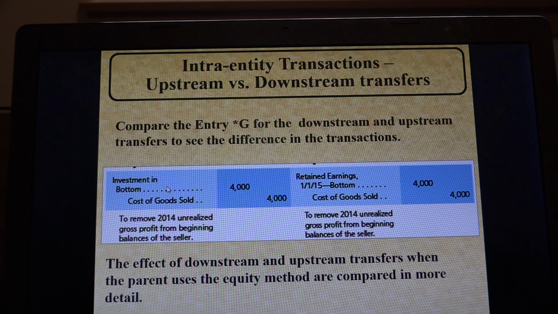But when it's downstream, it's investment in whatever the sub is, Bottom in this case, and when it's an upstream sale, you've got to adjust the sub's beginning retained earnings for that next year by reducing it. So, not too difficult. But it does change the numbers.